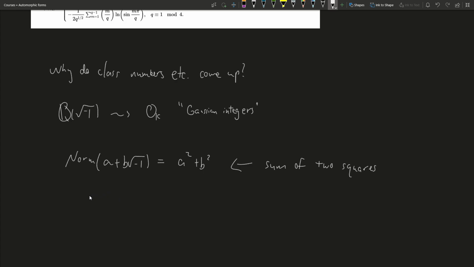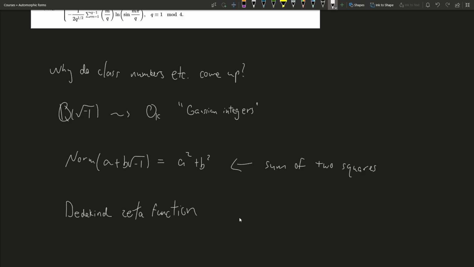And there's this thing called the Dedekind zeta function, which counts these things.